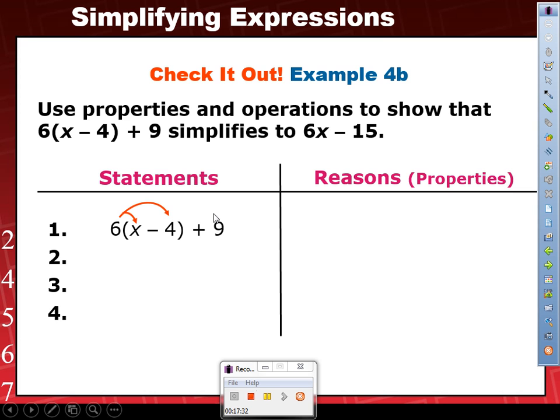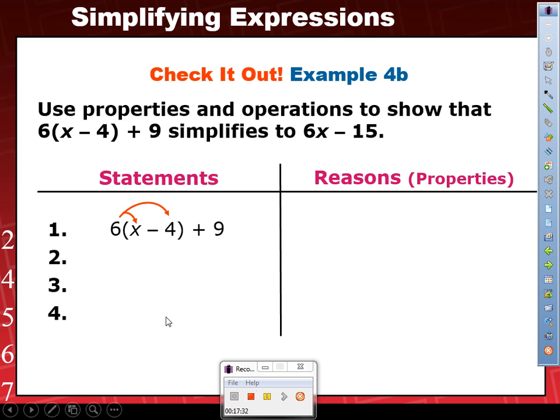So tell your neighbor the reason for the first step. So yes, first step is given, because it's in the problem.